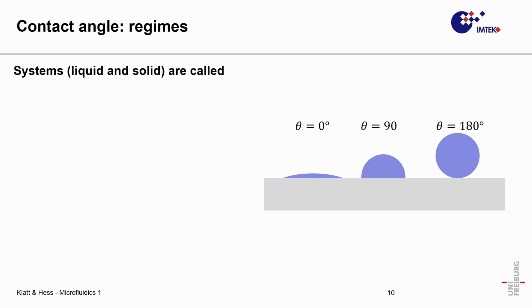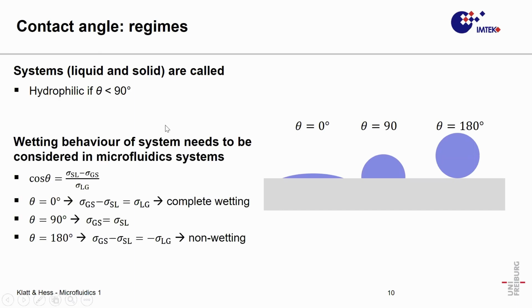The first one is called hydrophilic. And this is always the case if theta is smaller than 90 degrees. The second one is hydrophobic. And this is the case if theta, the contact angle, is bigger than 90 degrees.